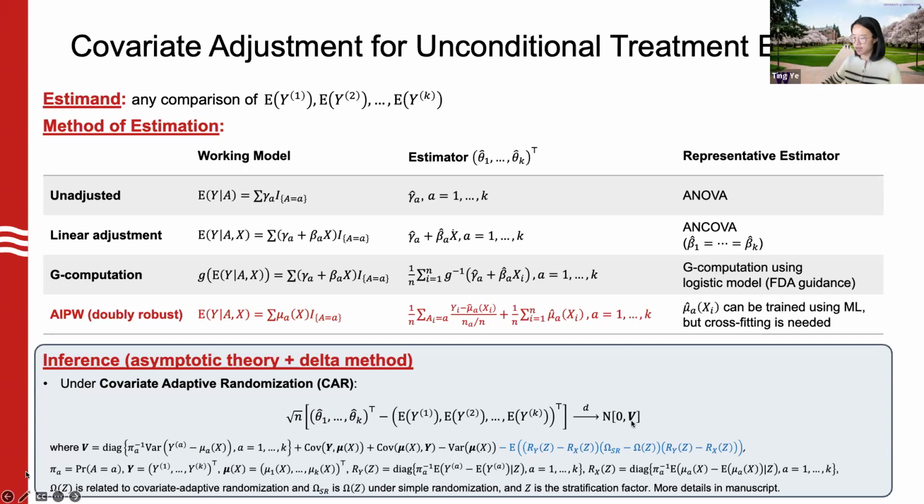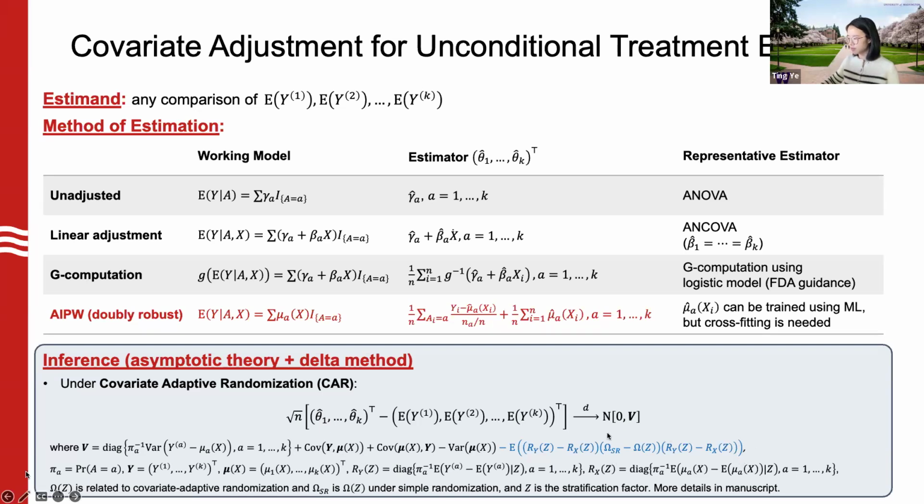And we can derive the variance for this estimator. So this variance will be a matrix, a variance-covariance matrix, and it has multiple parts. As we can see, this part is related to the variance of the residual, and this part is about some covariance and variance for the model that we fit for the outcome. And also we have this additional term in blue.